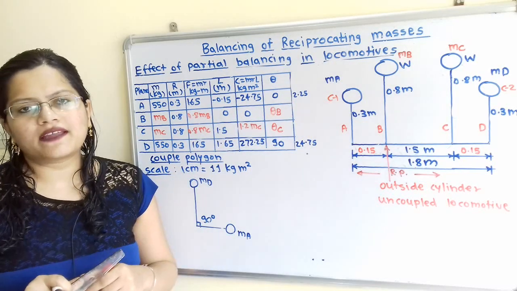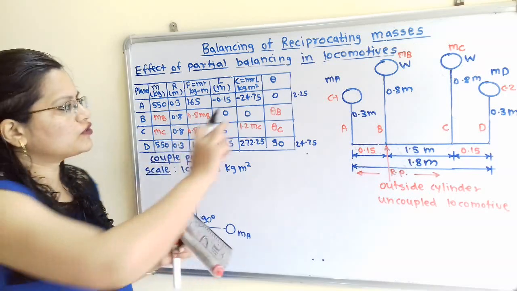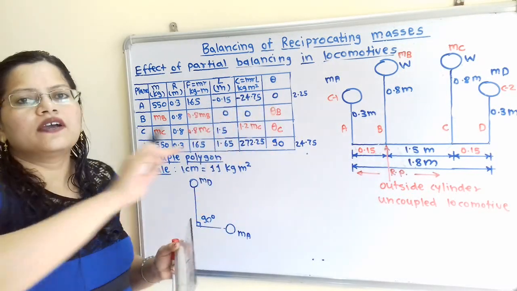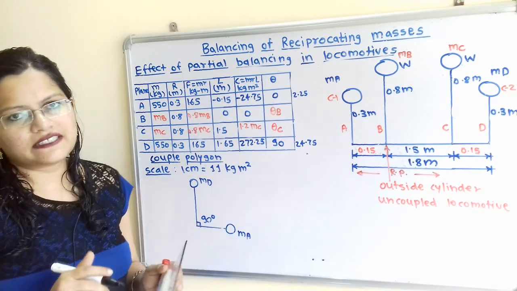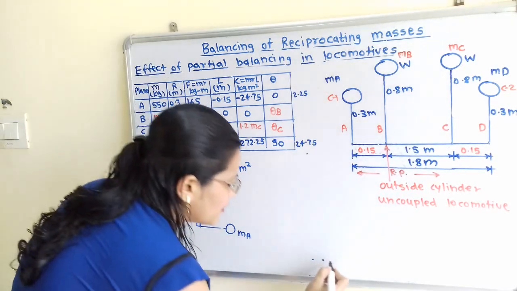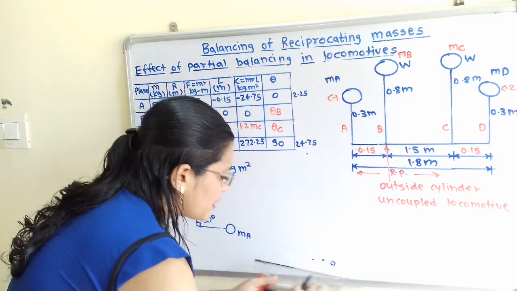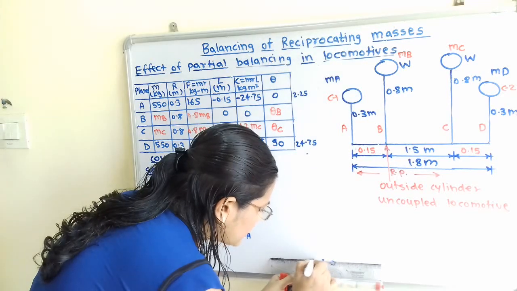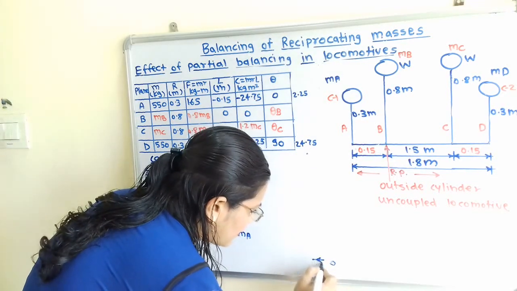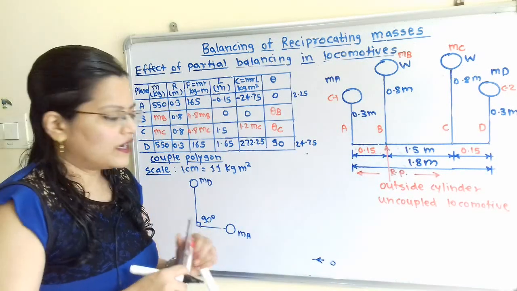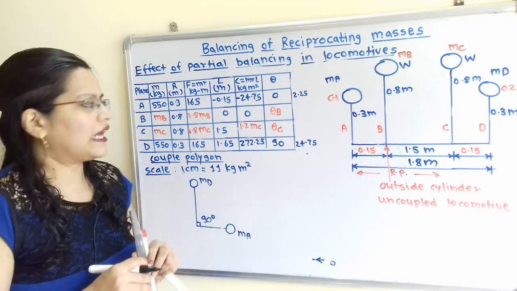Because of the minus sign we have to draw one horizontal line at 0 degree toward the left hand side. So I will take one reference point as point O and draw one horizontal line of 2.25 centimeter and show the direction towards the left hand side.